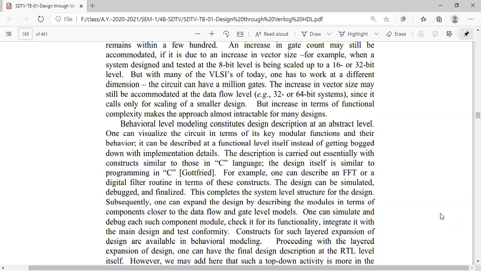We see whether we are getting the proper outputs for the corresponding inputs or not. If you find any fault in the output, you have to debug it. That means you verify the code, change it, and once again compile and simulate. At last, if you get the correct output, you finalize it.